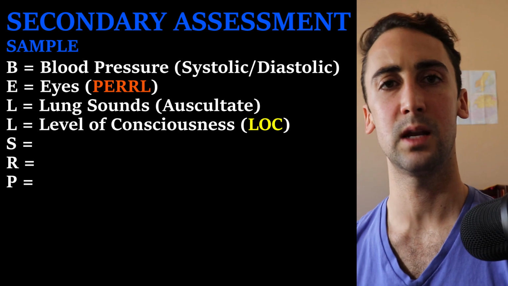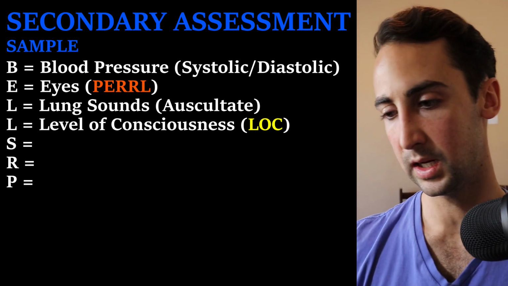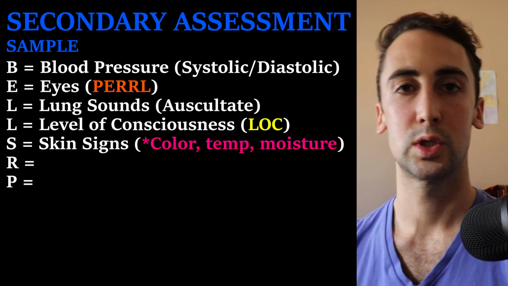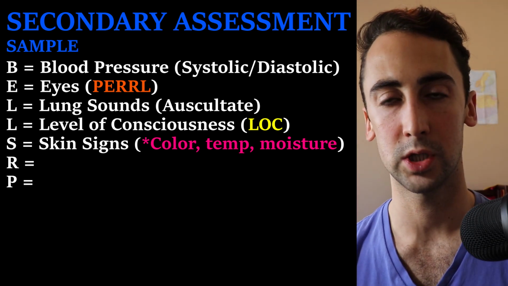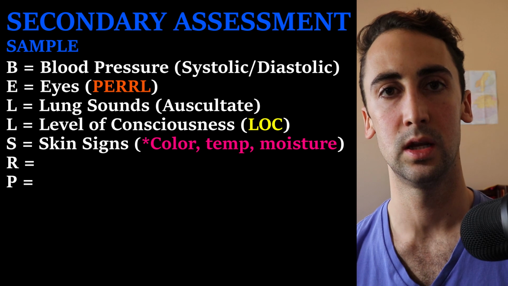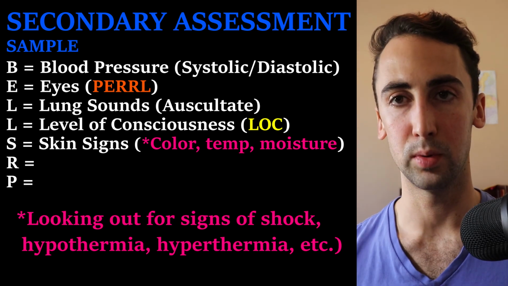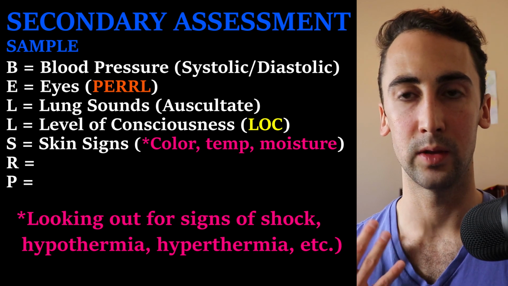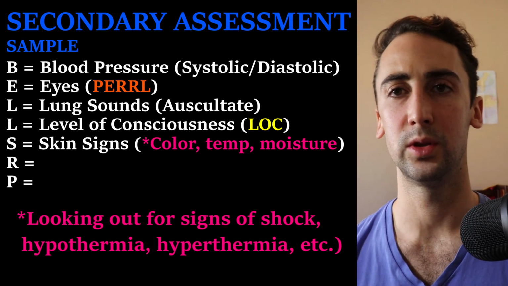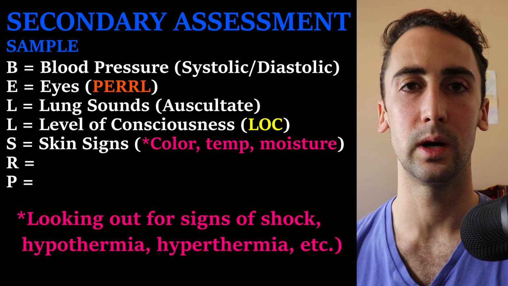Next in BELLSRP is gonna be S. This is going to be looking at their skin signs again. So we kind of already did this in COPS and circulation, but we just want to double check, make sure that nothing's changed. Again, we're going to be looking at complexion. Are they pale, flush? Are they sweating? Are they dry? And we're also going to be looking at skin temperature as well.